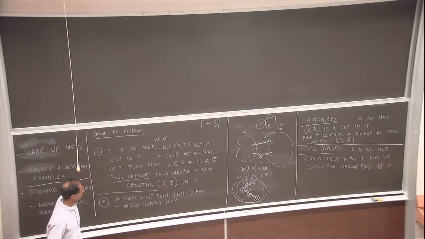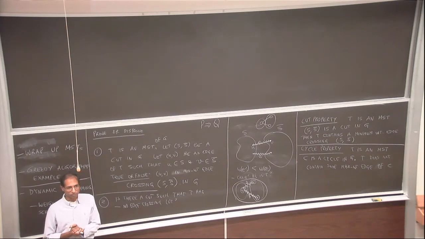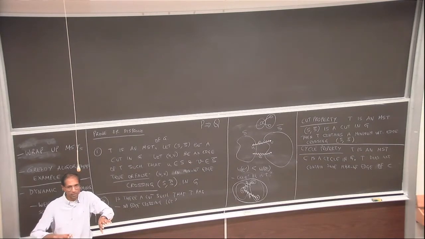What is a cut? A cut is some vertices on one side, the remaining on the other side. Can there be a cut such that T has no edges crossing the cut?